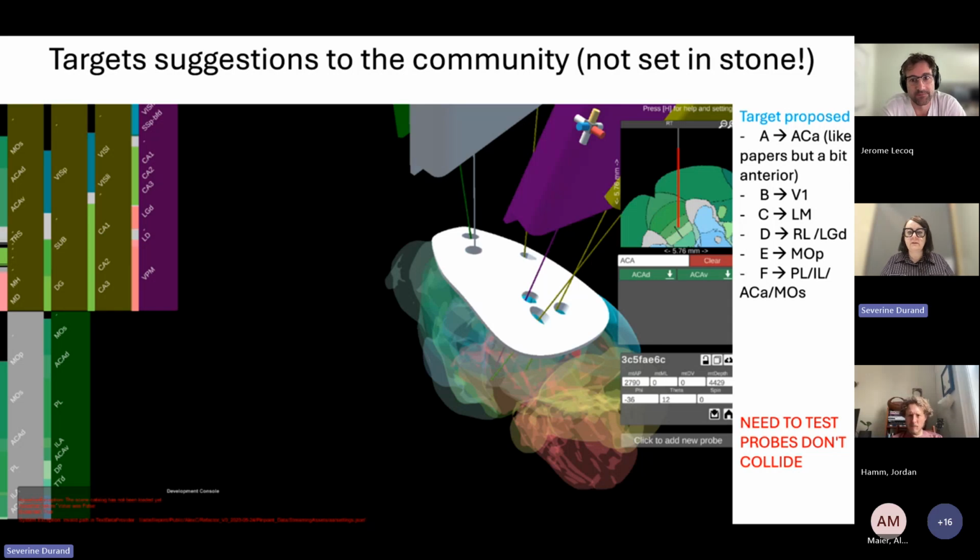Let me know what you think. I'm going to try to make a bigger hole for V1 and see how it goes. I want to mention that if we use a 4-shank, we have to change things on the rig, which may be a bit more time consuming, and then test and see the output and how we can deal with different probes of different types.